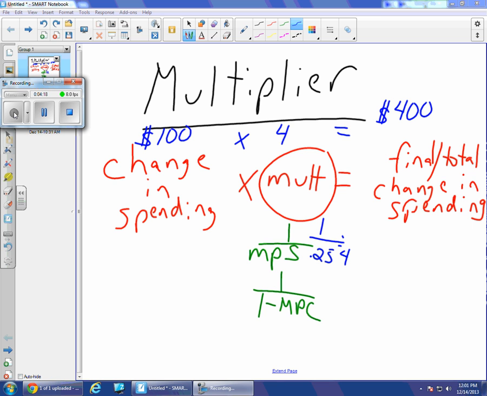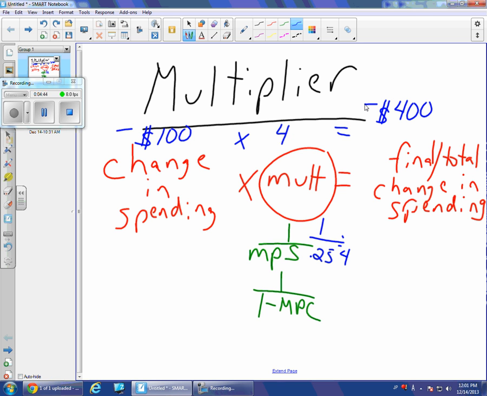If I had $100 and decided not to spend it, we would say there was a total reduction in spending of minus 400. Since my original 100 reduction would be played out over and over again in all those additional purchases that would now not be made, we would say the total is 400 less than it otherwise would have been.